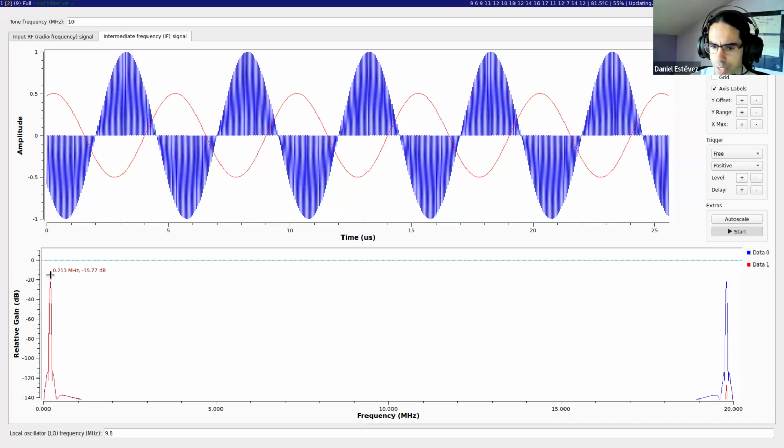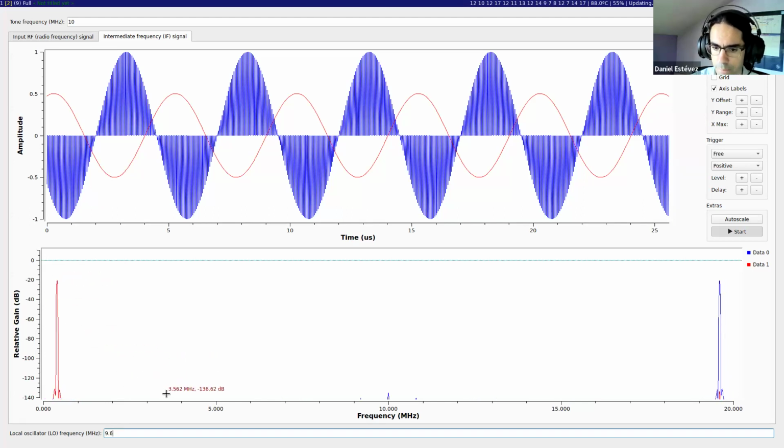Let's see how the filter operates in the transition region. So what I'm going to do is to keep decreasing the frequency here by steps of 100 kilohertz. I do 9.7, and this increases, 9.6, it increases. Remember that my cutoff frequency is set at 0.5 megahertz. So by the time the signal reaches 0.5 megahertz, I would expect it to drop like so and become attenuated.